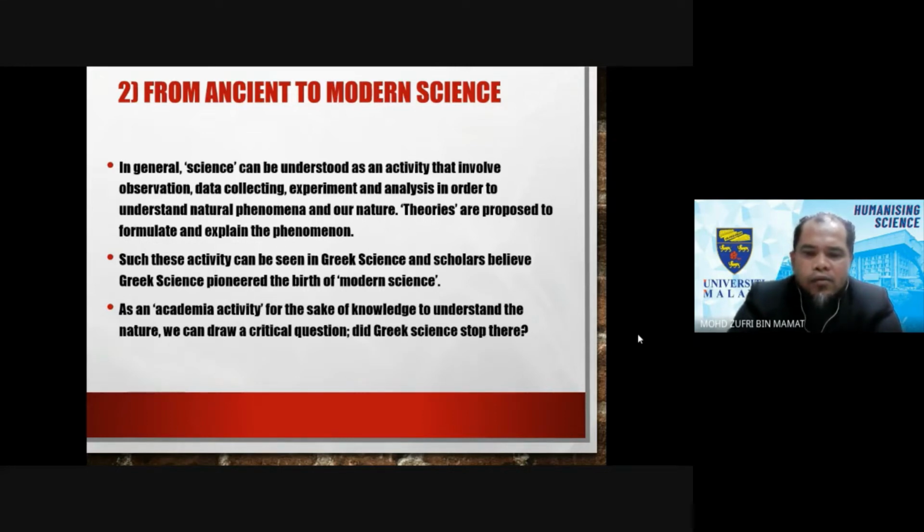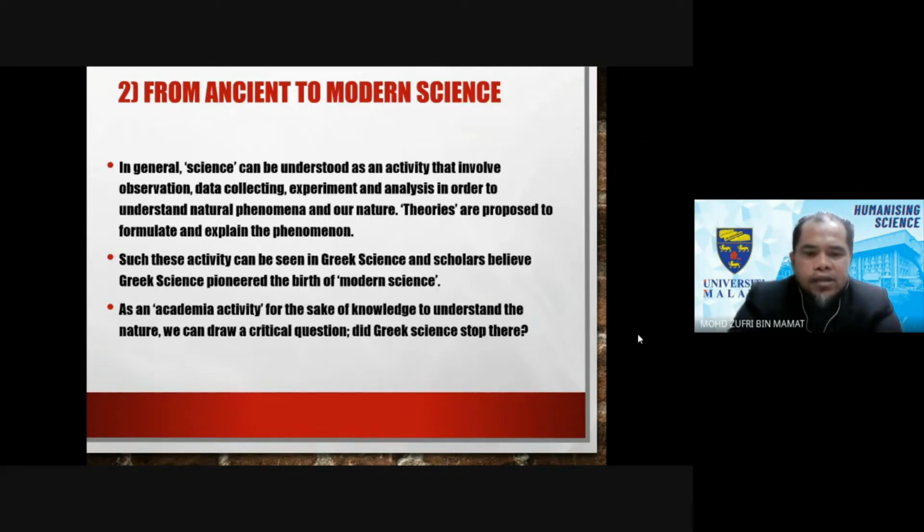So we can say that science is an activity that involves observation, data collecting, experiment, and analysis in order to understand our nature. In science, we use theories to propose and formulate explanations about phenomena observed.